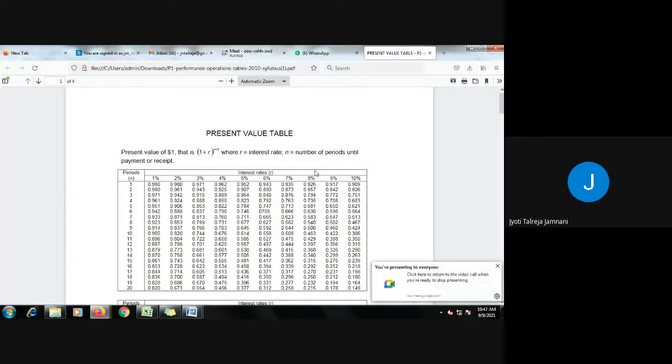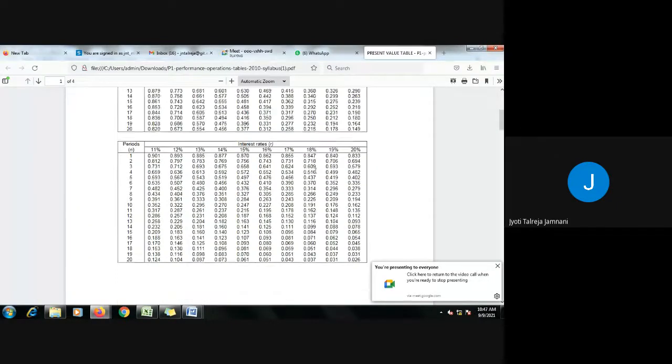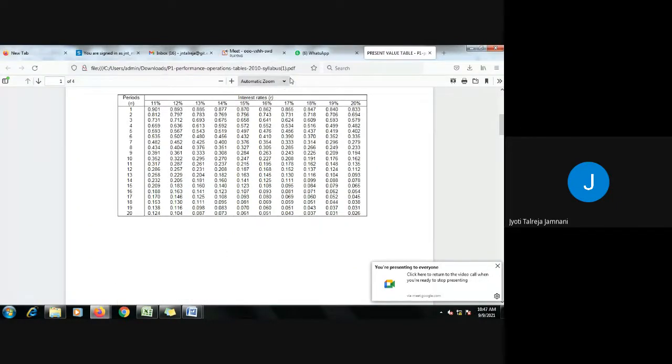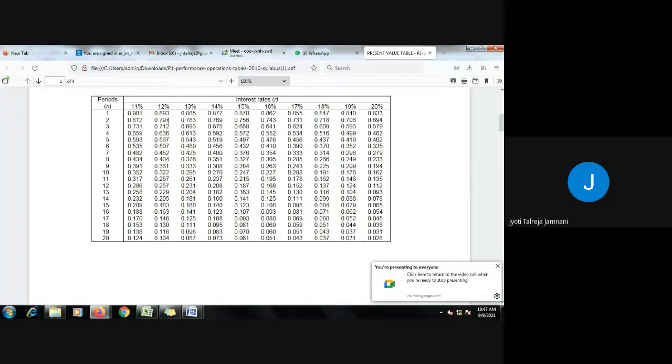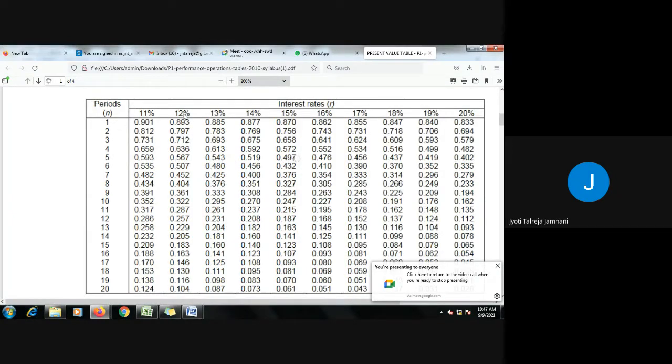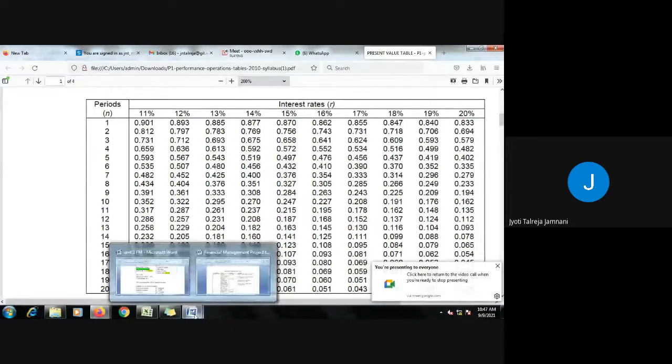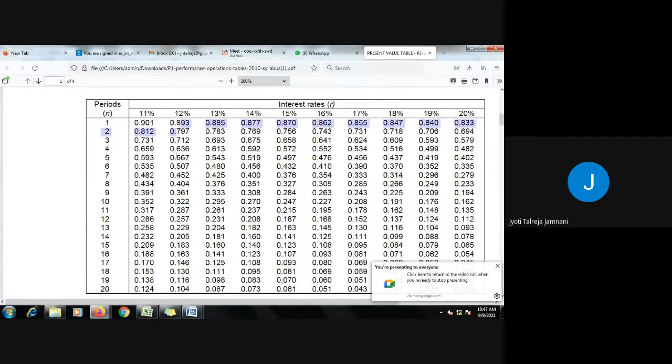Okay, 12% is here. 0.893, 0.797, 0.712. So these are the 12% rates that we have to check here. Okay, so I'll just take those values here.